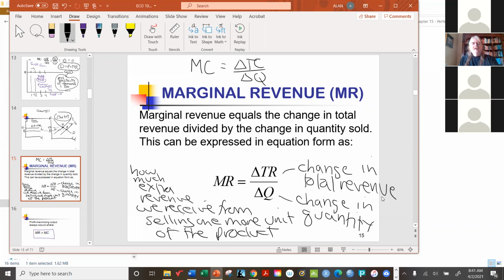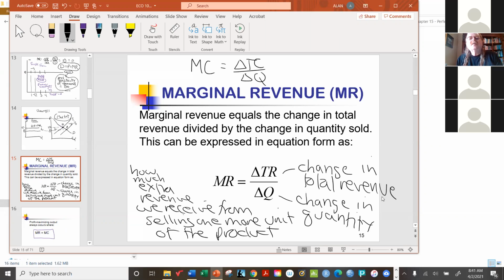That's what it actually means. If I sell one more unit of this product, how much extra revenue do I bring in? And with a flat demand curve, of course, this is a constant, but we'll see in the later chapters, in most cases, it is not a constant. And it turns out to be an incredibly important factor in determining how many units we should sell, okay? Because ultimately, what we want to know is how much should we sell to maximize our profits? And we'll see this is an important detail in determining how we maximize our profits.